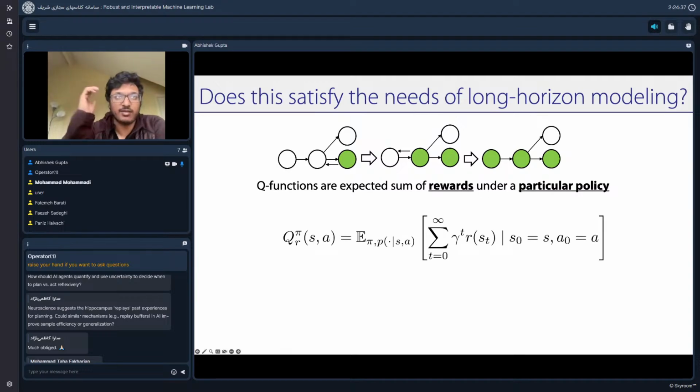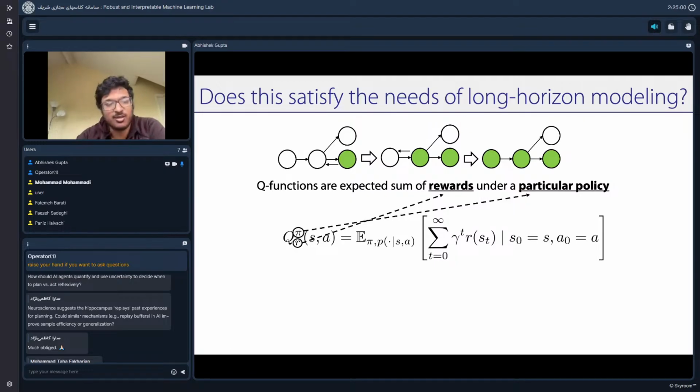The standard definition of a Q function is the expected sum of rewards in the future, starting at some state S, taking an action A, but acting under this policy pi, right? So it's specific to a particular reward and it's specific to a particular policy. It's predicting the cumulative outcomes, but for a particular controller and for a particular task.